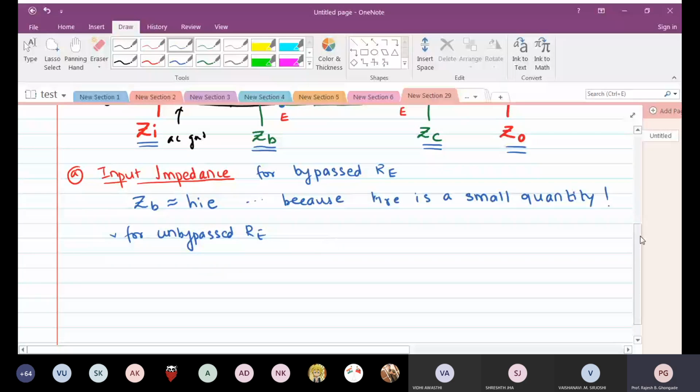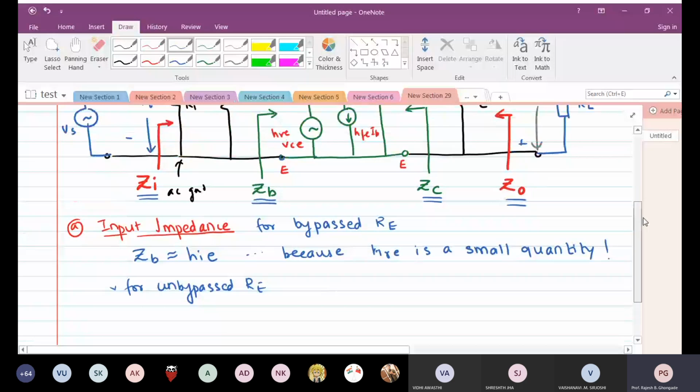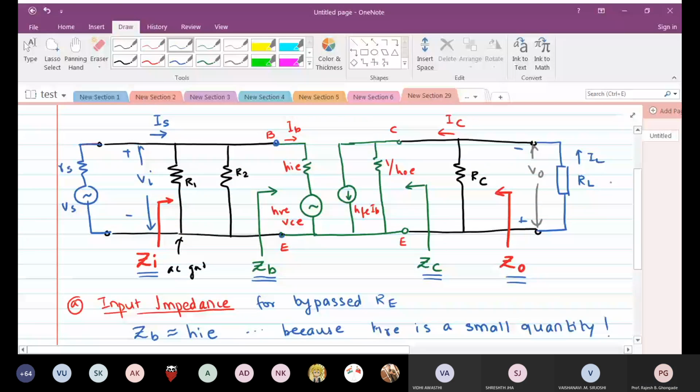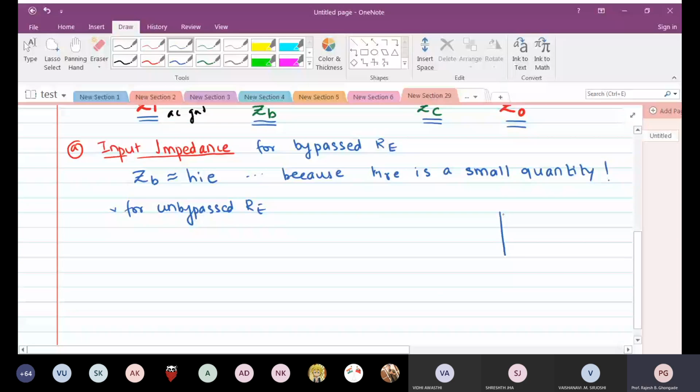So what is a simple way of finding out the input impedance practically? Say I'm given a black box like this. This is your input current I1, input voltage V1. What is the simple way in which I can find the input impedance ZI?